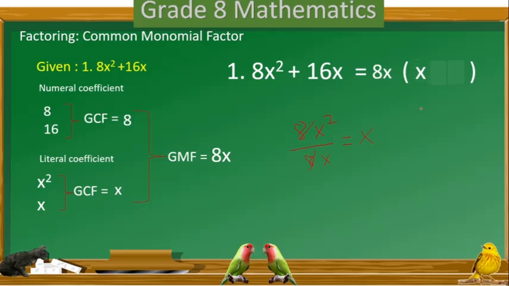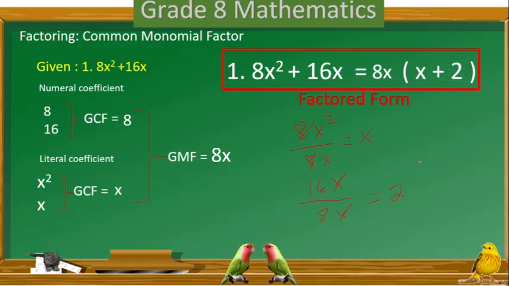Next, 16x divided by 8x. 16 divided by 8 is 2. X divided by x, the same, so cancelled out. First you copy the sign, positive, then your answer. That is the factored form of that given polynomial.